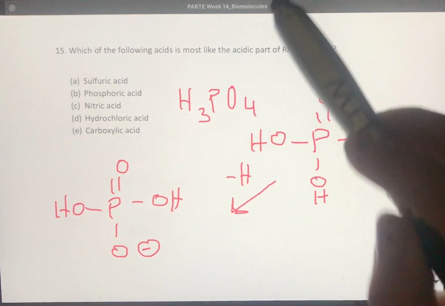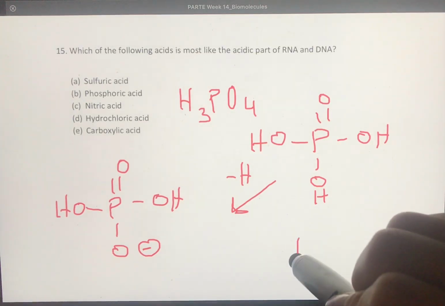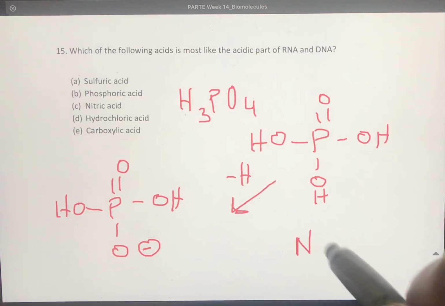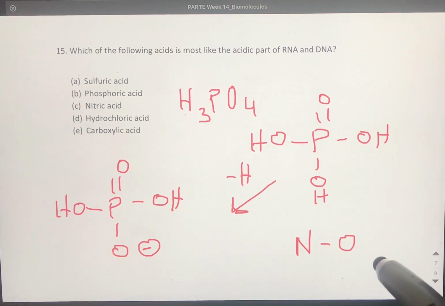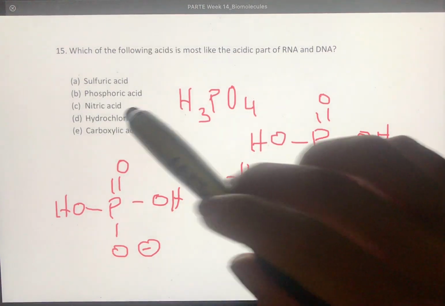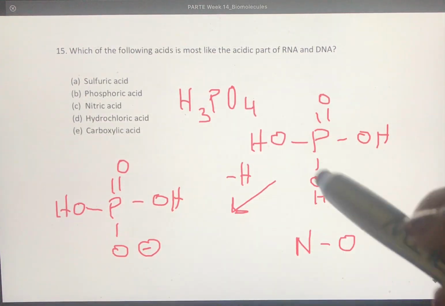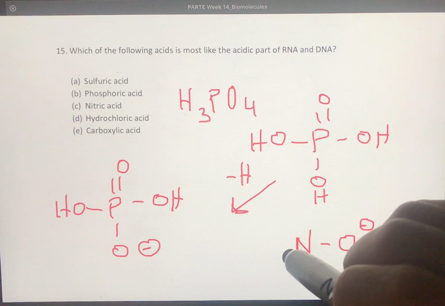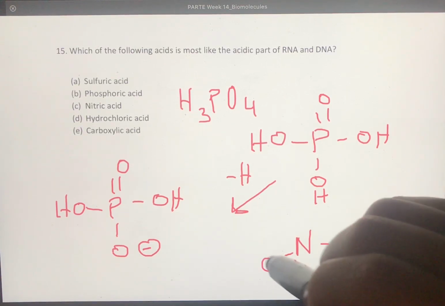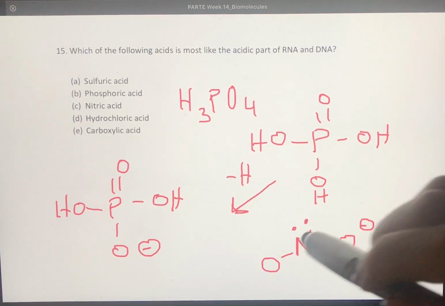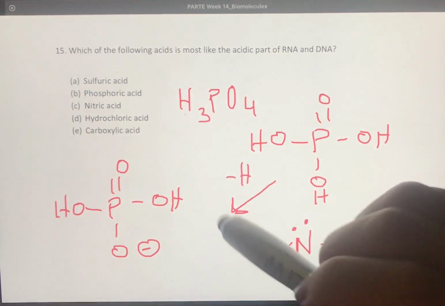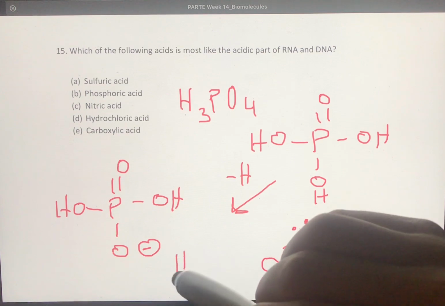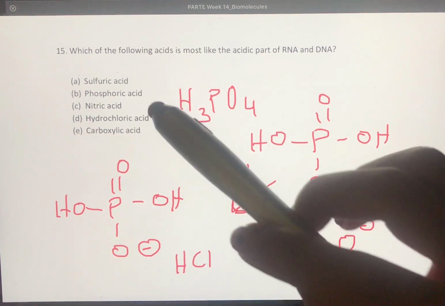We have nitric acid, which your nitrogenous base does have nitrogen on it, but it doesn't have what we call nitro groups, which have oxygen on them. So that one's not going to be correct. And, which by the way, this is NO2. And then hydrochloric acid, there is no chlorine in DNA.